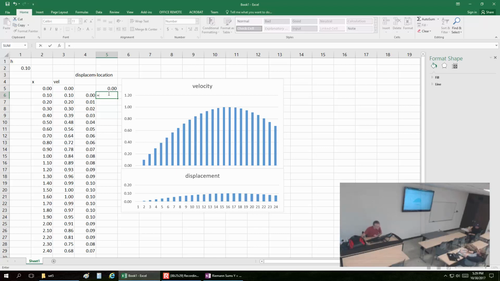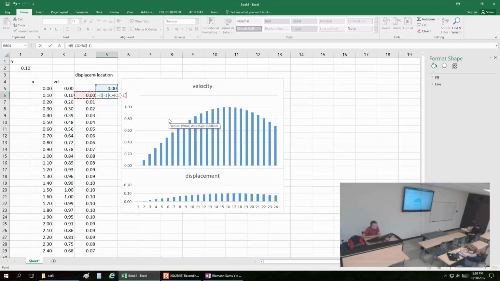Well, it will still appear to be 0, because the displacement to the left is 0. Our estimate of displacement is 0, and so the location is still anticipated to be 0, even though it's just an approximation. But the formula is the previous location plus the displacement. That's the whole formula.